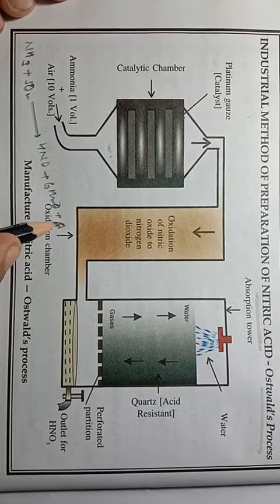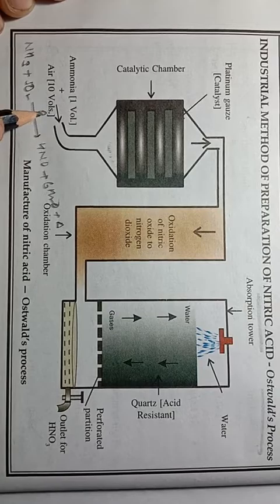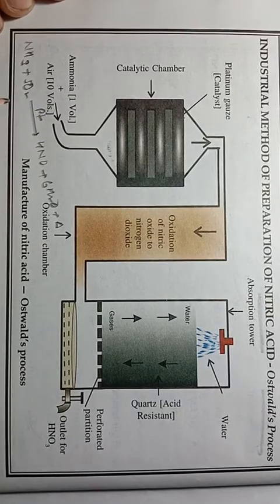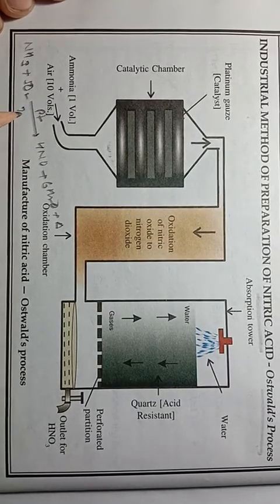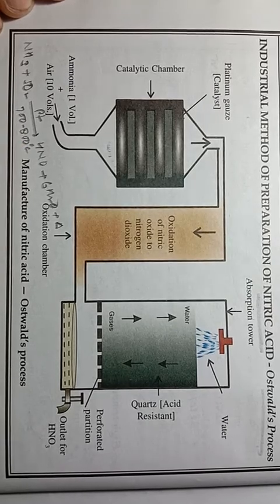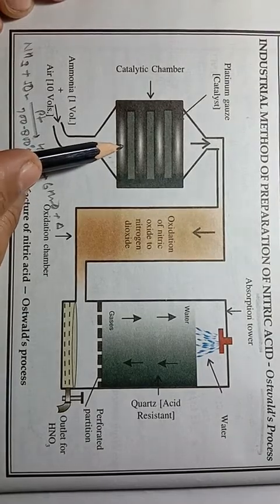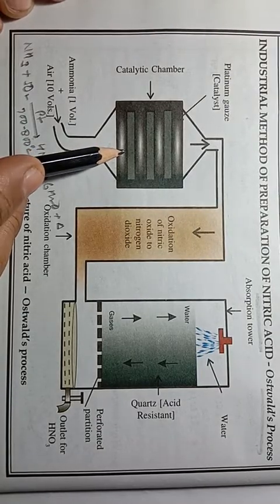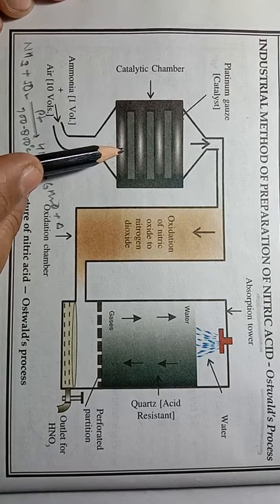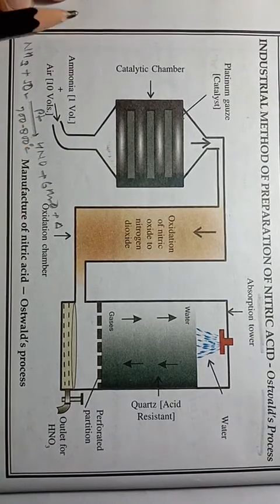So some amount of energy is also released in this change, and this reaction takes place in the presence of platinum catalyst and a temperature of 700 to 800 degrees Celsius. So this reaction takes place in this first chamber, known as the catalytic chamber, due to the presence of platinum catalyst here.